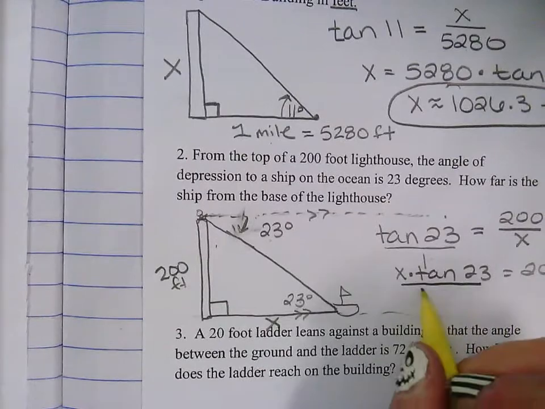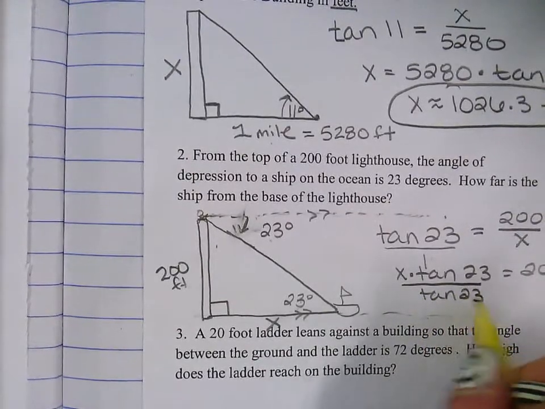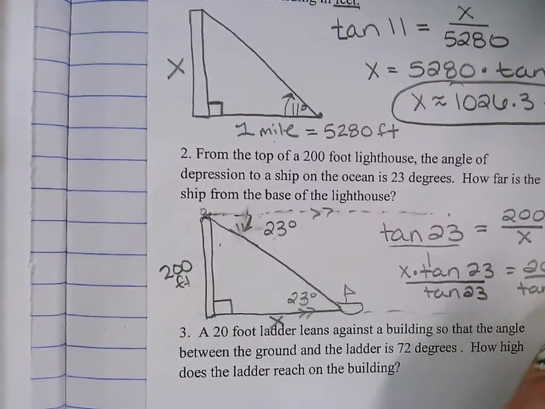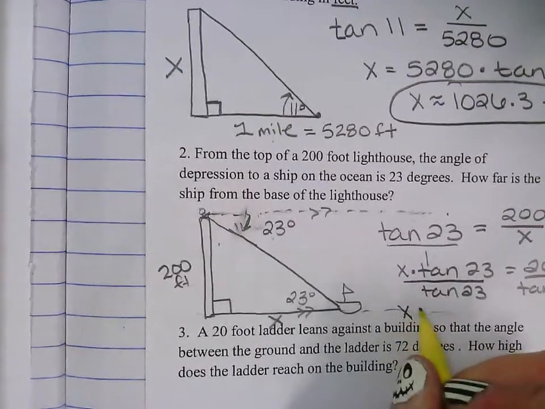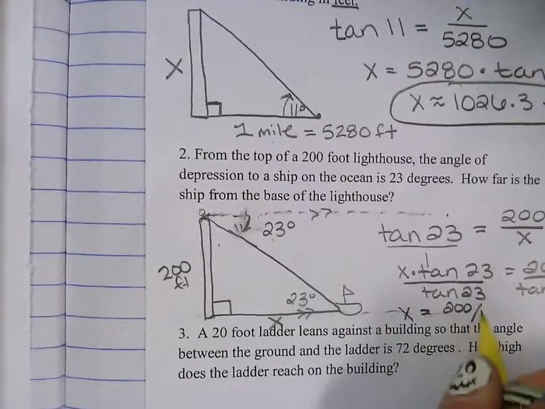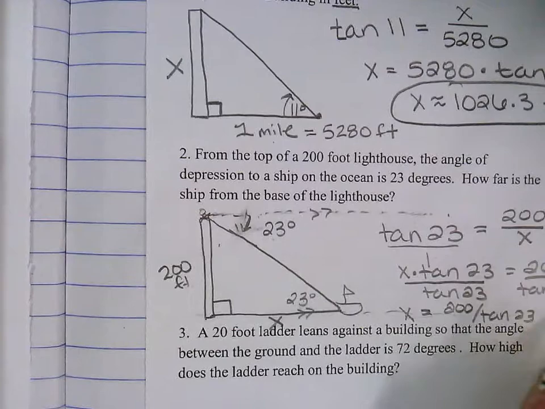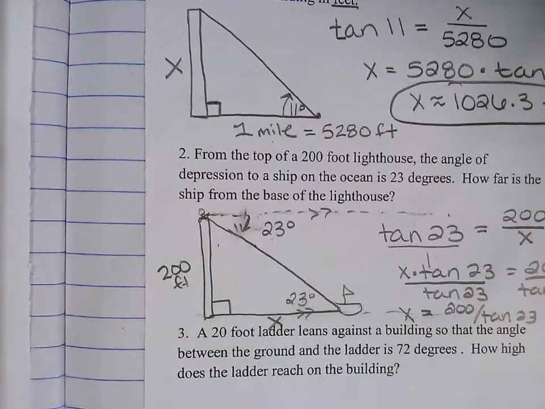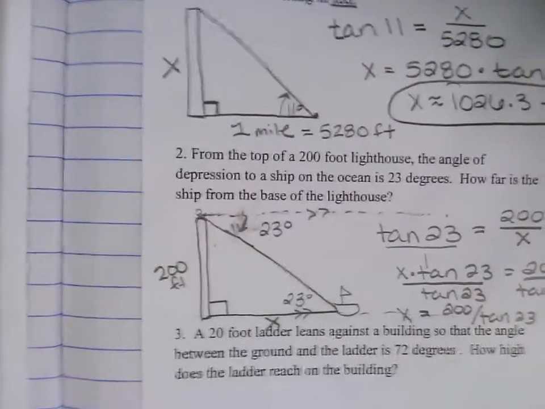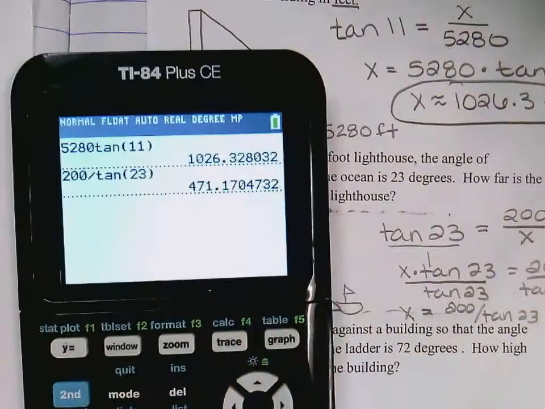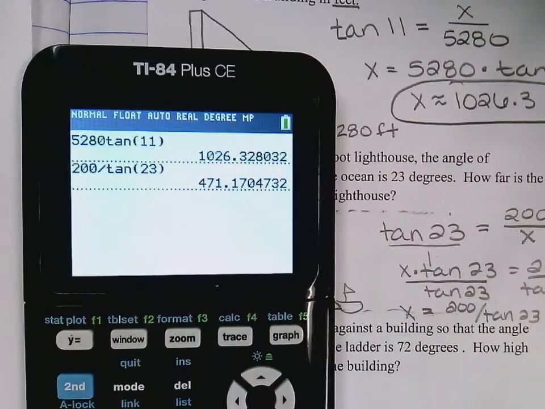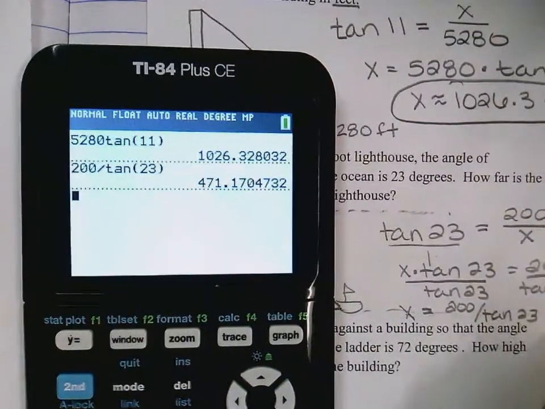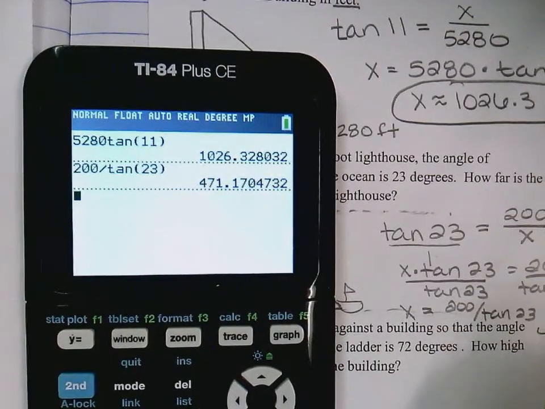I'm going to divide both sides of the equation by tan 23. X will equal 200 divided by tan 23. And on my calculator, 200 divided by tan 23 gives us 471.2 feet.